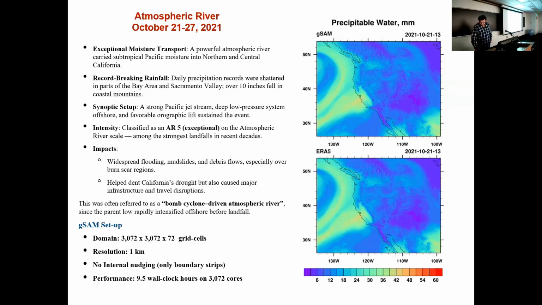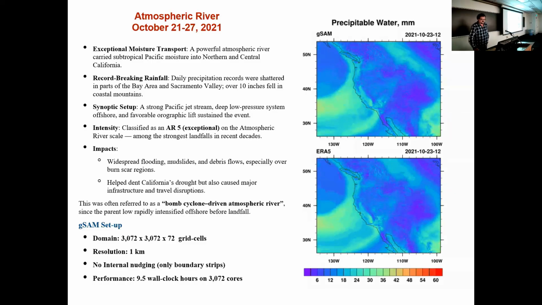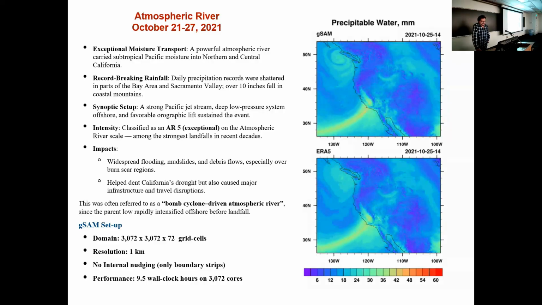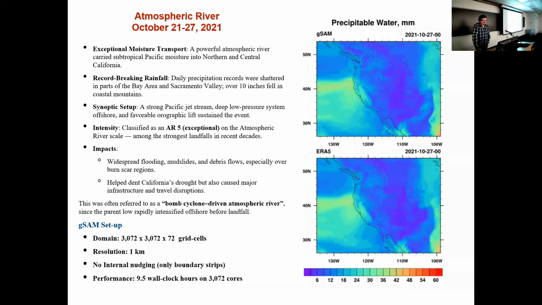On the right, the top visualization is precipitable water, or total column water vapor, from the model, and at the bottom is ERA5, basically reanalysis or observations. You can see that inside the domain there is no nudging.